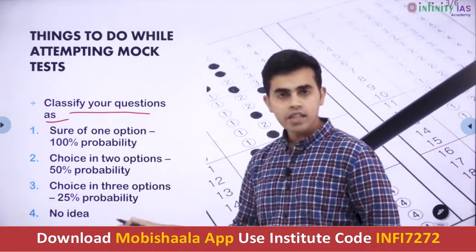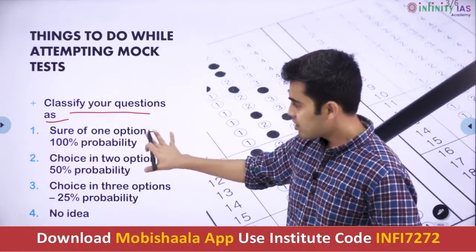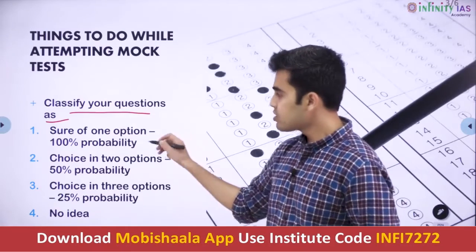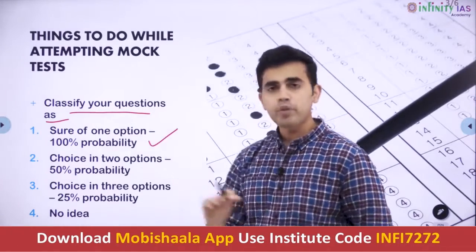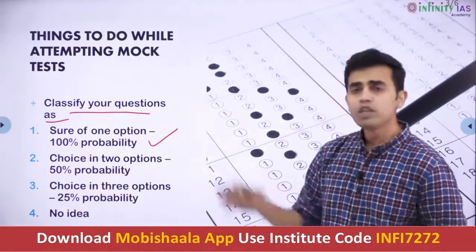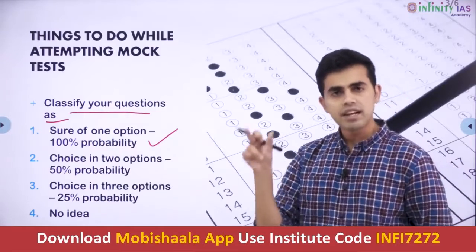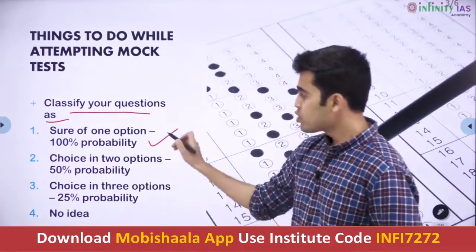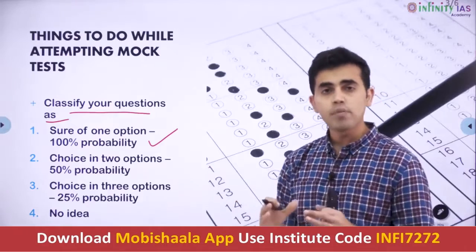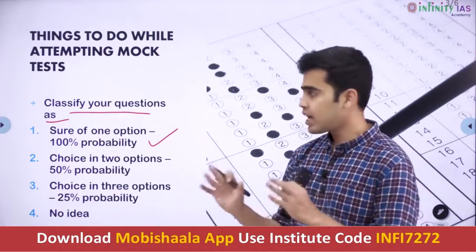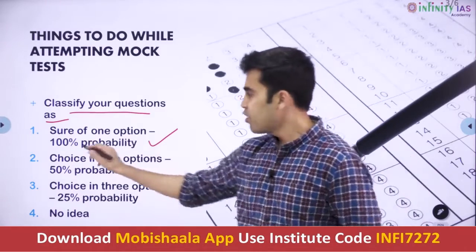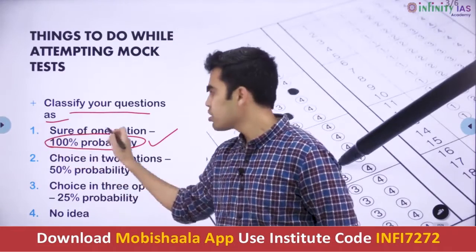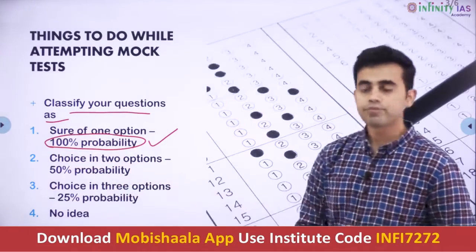All the questions will fall into one of these categories. What is this? Sure of one option. That means we know that one option is the right option and we know the answer to it 100%. So what is the probability of getting that answer right? As of now, it is 100% probability because we know that one option is right.